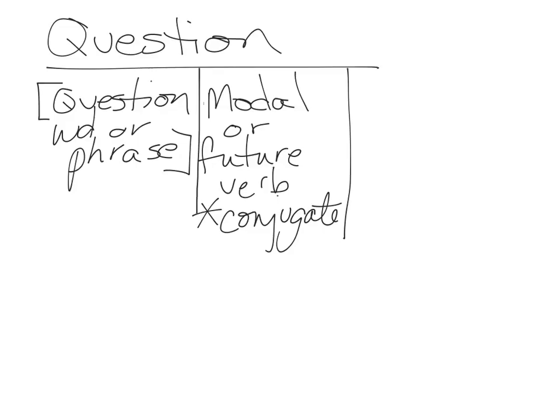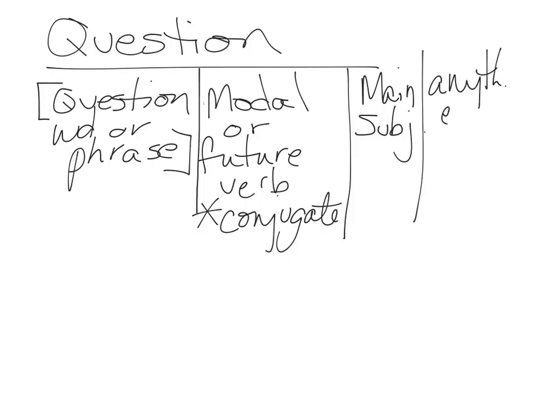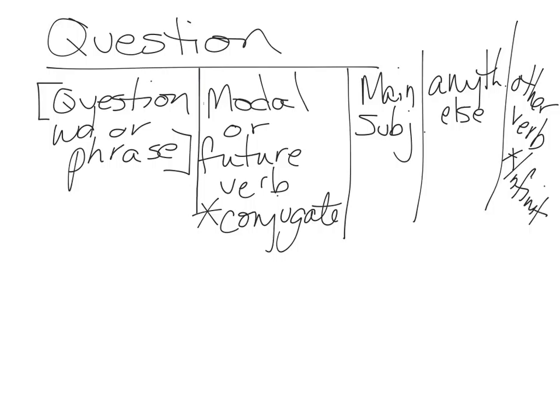It's got to be next to your conjugated verb all the time. Main subject. Good. And then you have your anything else. And at the end, if you have it, other verb. And again, not conjugated. Just leave it in the infinitive.